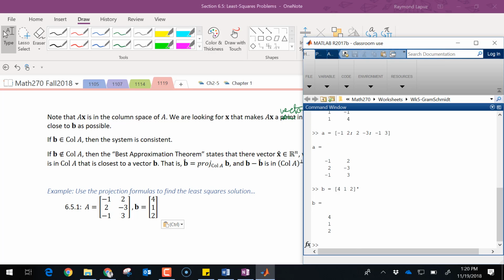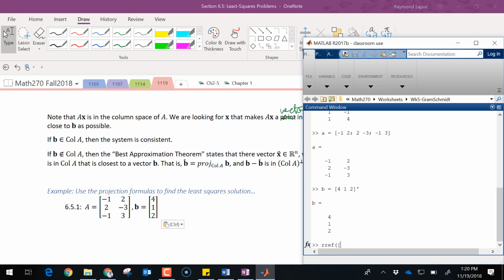So if I were to make an augmented matrix and row reduce it, let's see if I can do that. RREF is row reduce.